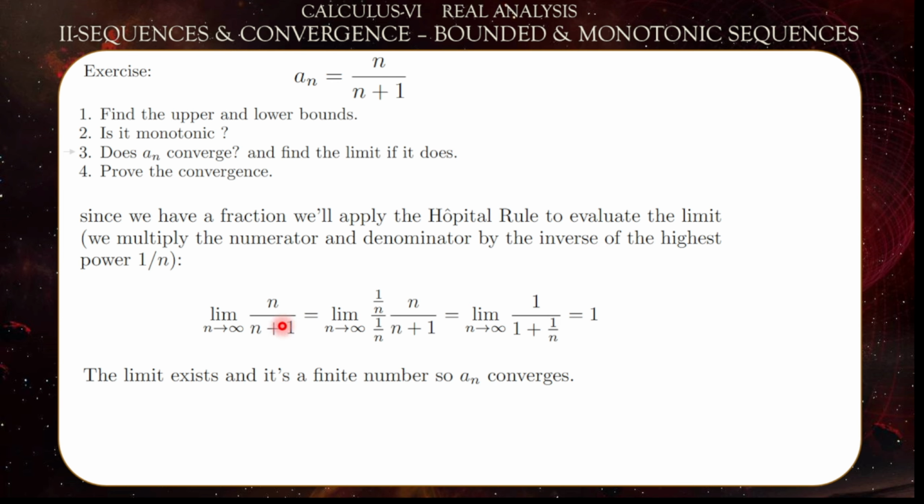So the limit of n divided by n plus 1 as n approaches infinity is equal to the limit of 1 divided by n multiplying both the numerator and the denominator as n approaches infinity, equal to the limit of 1 divided by 1 plus 1 divided by n. 1 over n approaches 0 as n approaches infinity. So we end up with 1. Hence the limit exists and it's a finite number, so a_n converges.